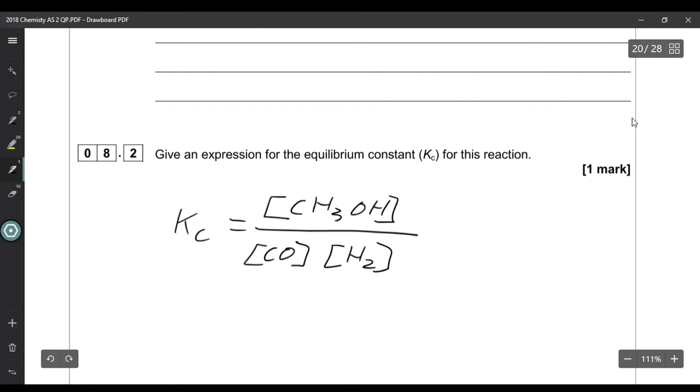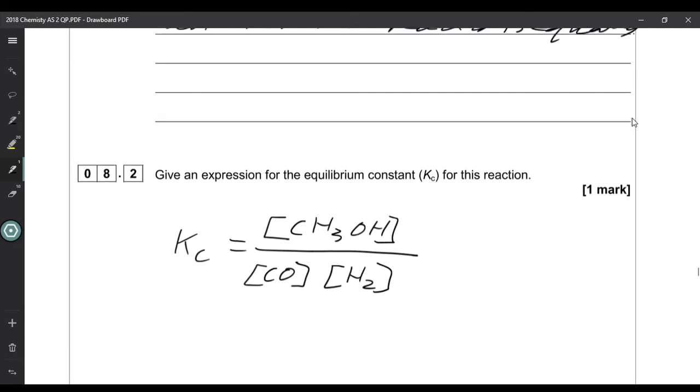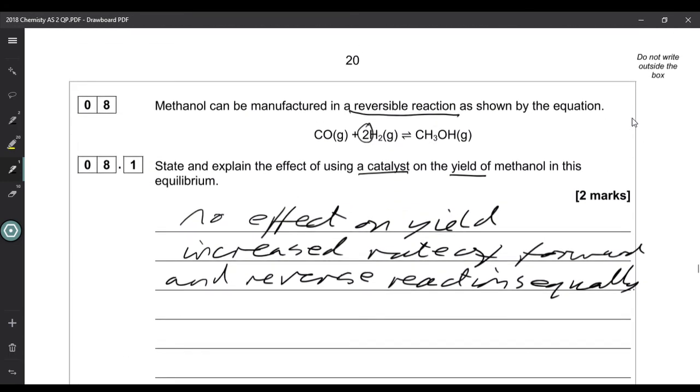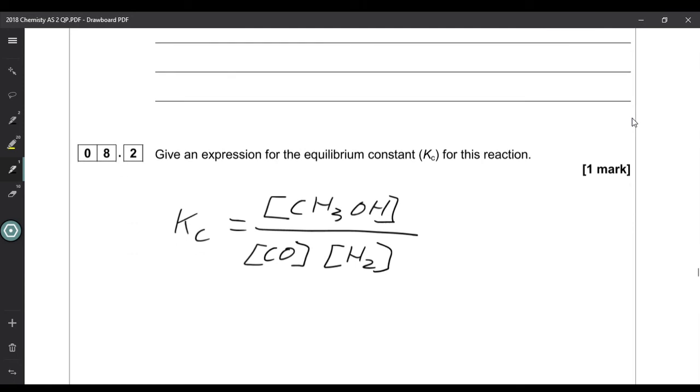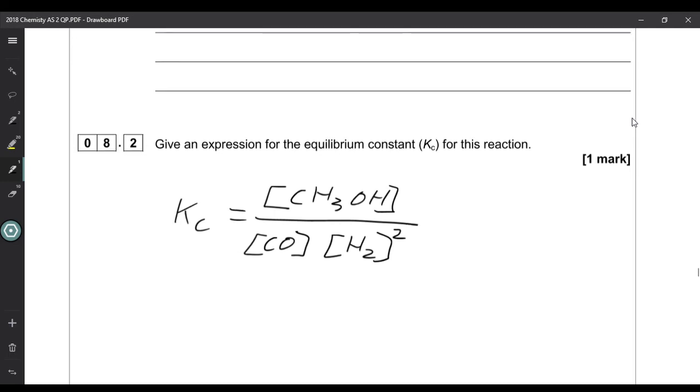And because in the equation we've got this 2, in our Kc equation we make sure that is squared. So common errors that students would make would be to forget the square brackets and forget that 2 there.